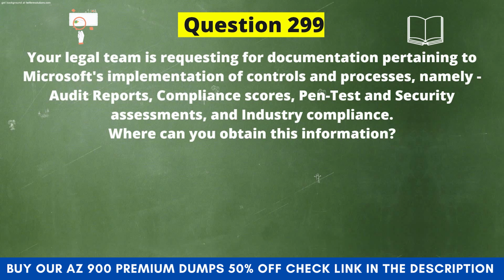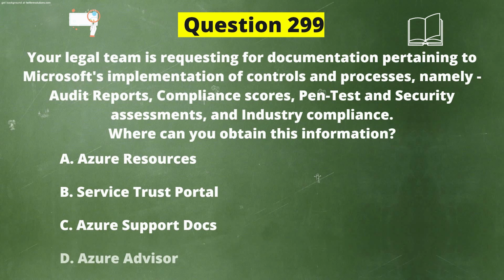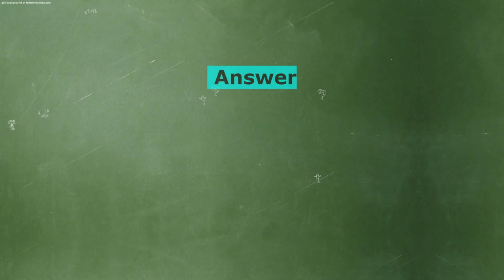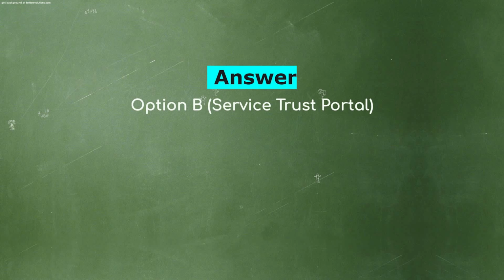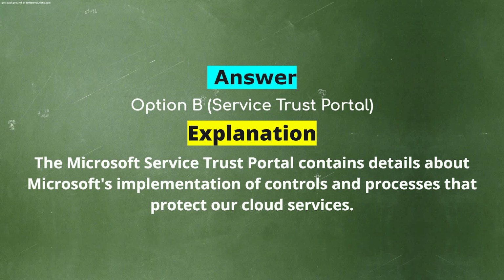And the options are A. Azure Resources, B. Service Trust Portal, C. Azure Support Docs, D. Azure Advisor. And the correct answer is option B, Service Trust Portal. Explanation. The Microsoft Service Trust Portal contains details about Microsoft's implementation of controls and processes that protect our cloud services.